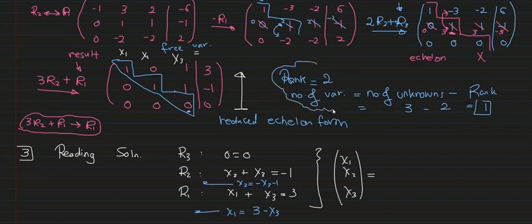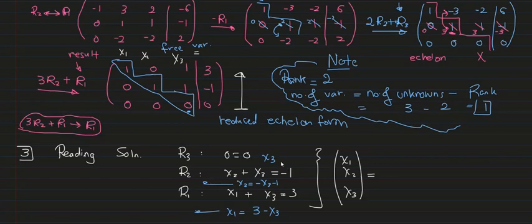Let's put it in a cloud, because it's a note. So here we have one free variable, which seems to be x3. We can let x3 equal t, for example, or just keep it x3, by the way. Let's keep it x3 this time.